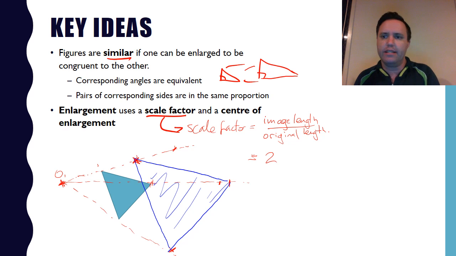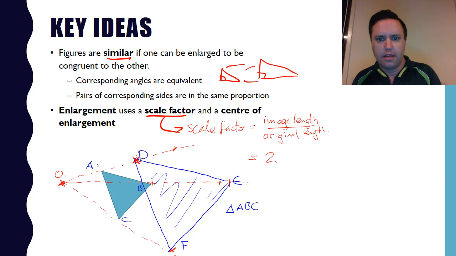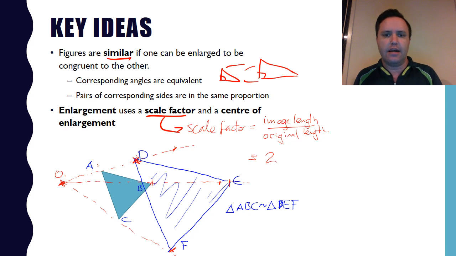The way we write it, if we had this being triangle ABC, and this one here DEF, we write that triangle ABC is similar to triangle DEF.